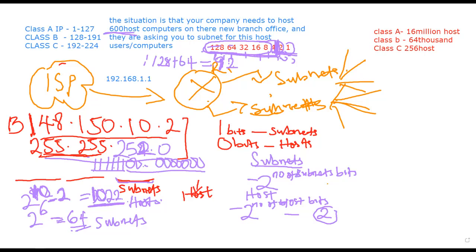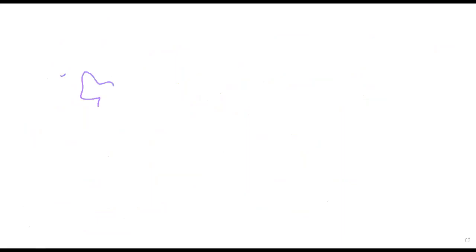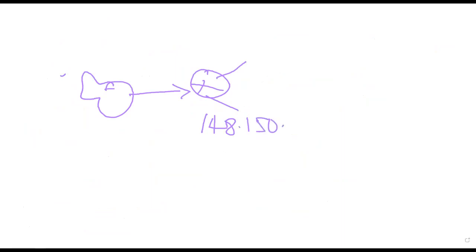Now, let's just erase the whole board. For this network, where the ISP provider gives us our router and our subnet, our IP, as we already know, would be 148.150.10.0. Now, our subnet mask would be 255.255.252.0.